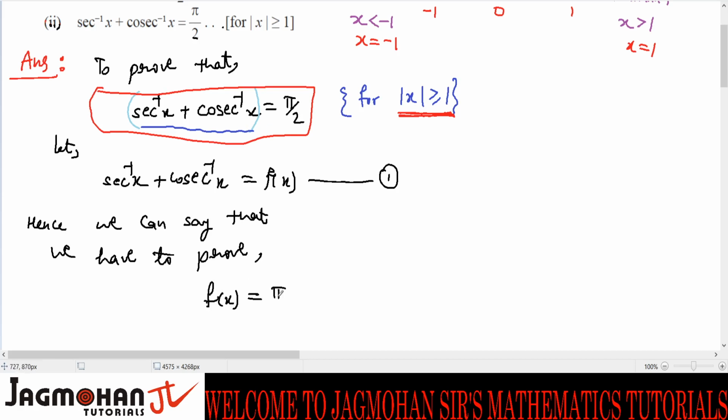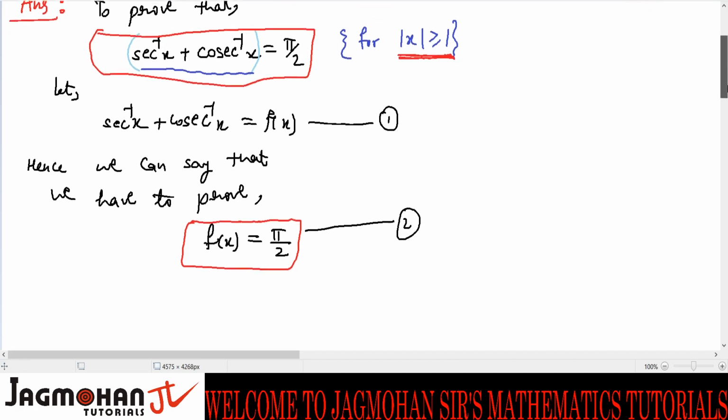We have to prove that f of x equals pi by 2. This is now my new goal, which is equivalent to my earlier goal. Why? Because once I have proved f of x equals pi by 2, I will have proved the required, because f of x is sec inverse x plus cosec inverse x.